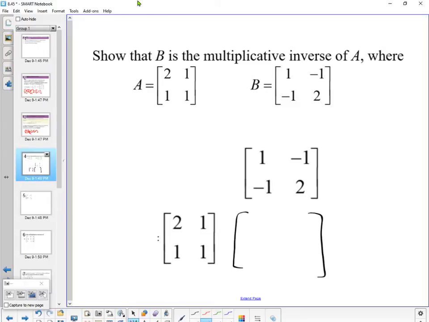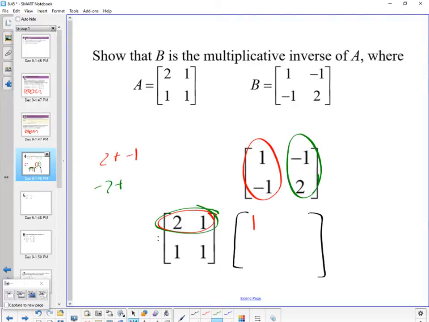Okay, so coming up to the board. Finding the first element here, first row, first column. That's 2 plus a negative 1. What is that? 1. Now I'm going to go here, the first row, second column. I've got negative 2 plus 2. How much? 0. Looking good so far, right?